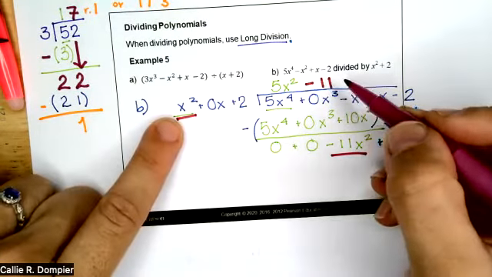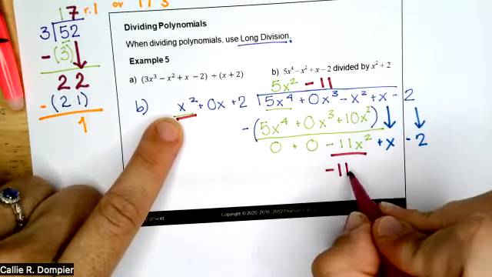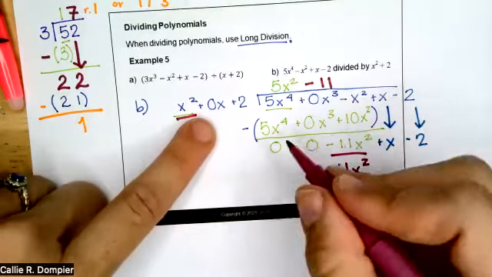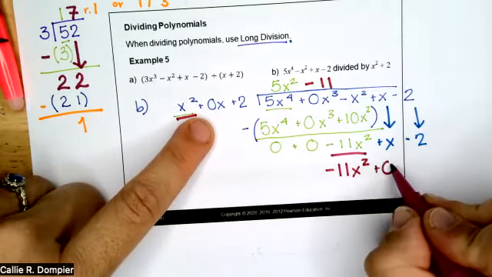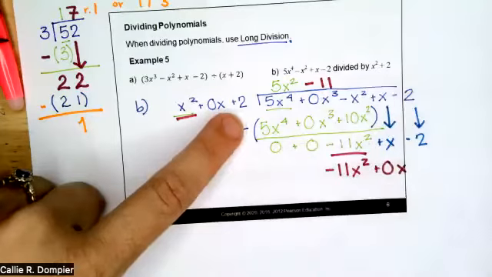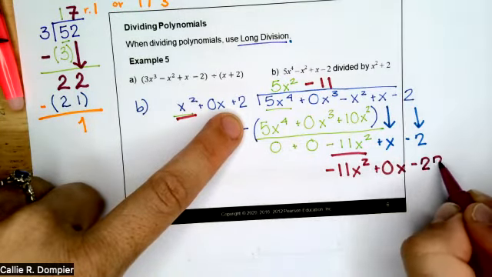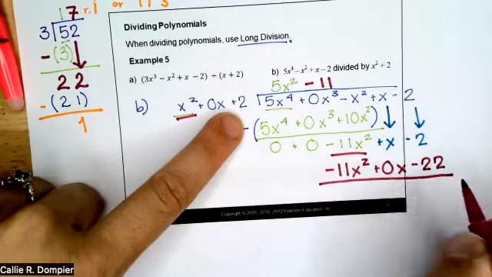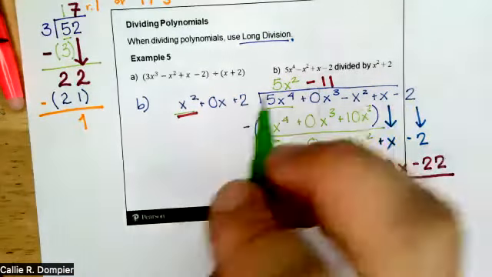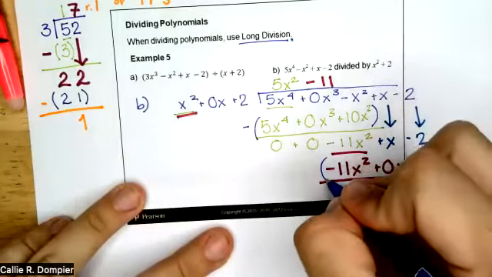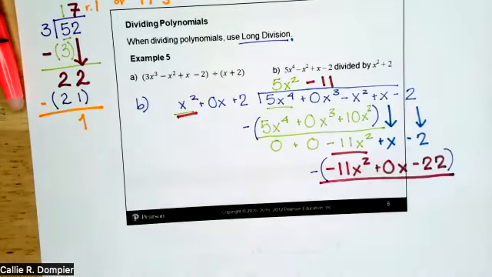Negative 11 times the x squared becomes negative 11x squared. Negative 11 times 0, 0x. Negative 11 times 2, negative 22. Remember, we have to, I'm saying it to myself mostly, we are subtracting that. So we're changing all of those signs.